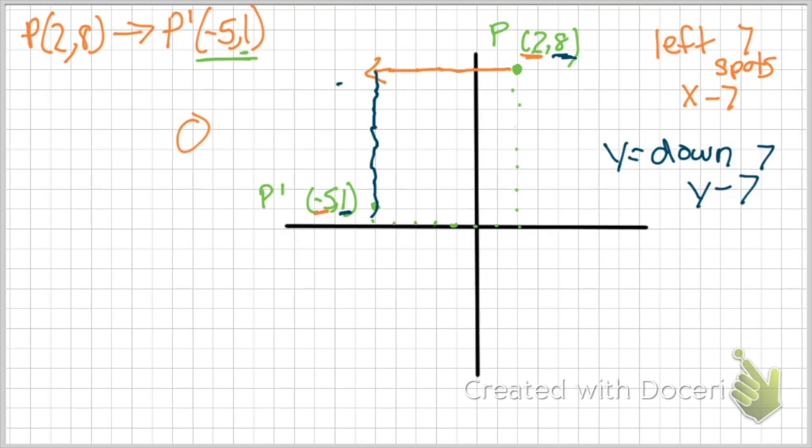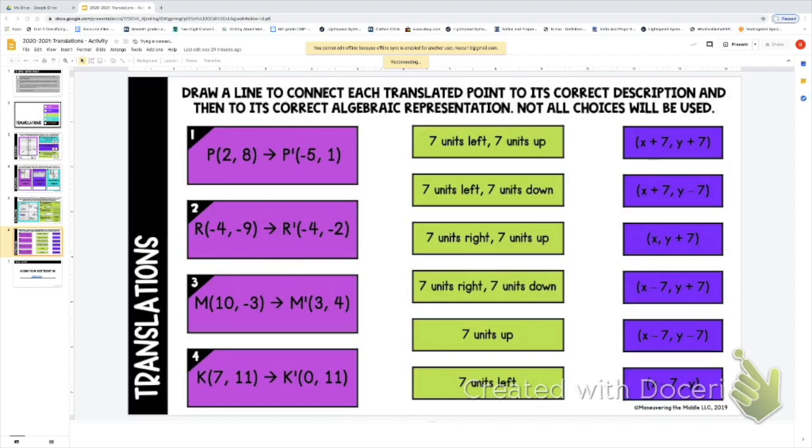So my x values move left 7, so it would be x -7, and my y values, I moved down 7, so that'd be y -7. So if I go back to my original screen, I would match that up with, I went 7 units to the left and 7 units down, which is the same as x -7, y -7. Try to do 2, 3, and 4 on your own.